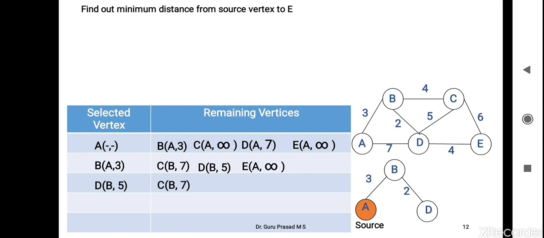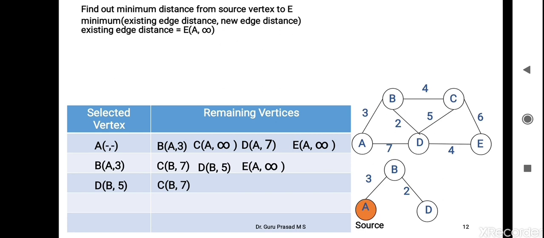Find out the minimum distance from the source vertex to E. Minimum of existing edge distance comma new edge distance. The existing edge distance is E of A comma infinity, which you can see in the second row.